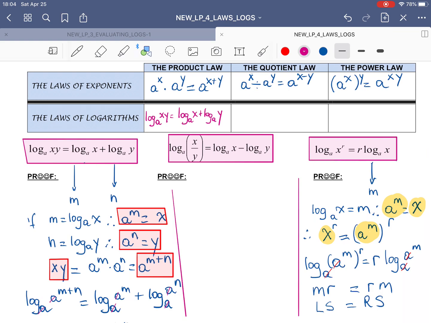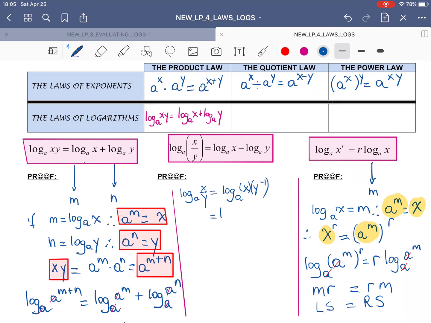the power and the product law. So here we go again. We're going to say log with base a of x to the y can be seen as log with base a of x times y to the power negative 1.